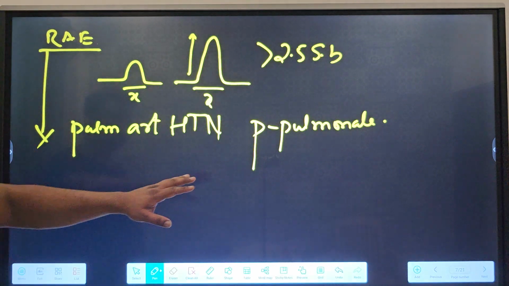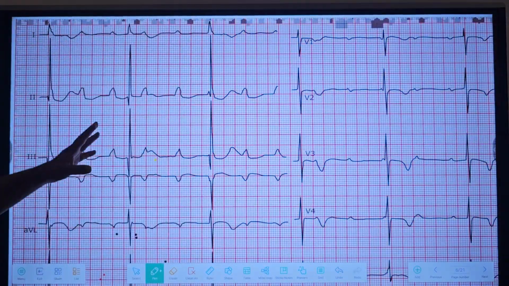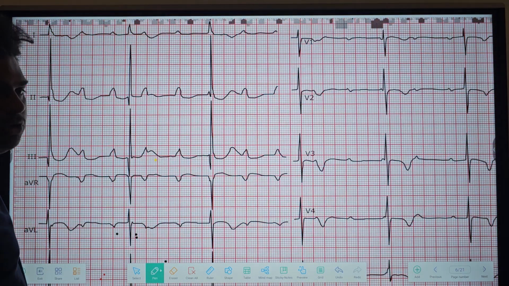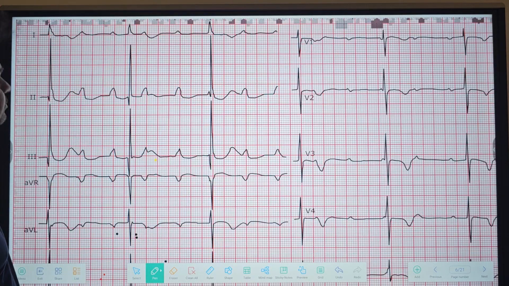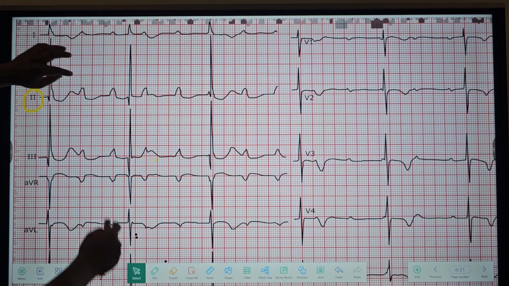Once you have understood this concept, coming to the question: whenever you try to figure out the P wave, look in lead 2 or lead V1. This is lead 2. Now I will zoom lead 2 for you.